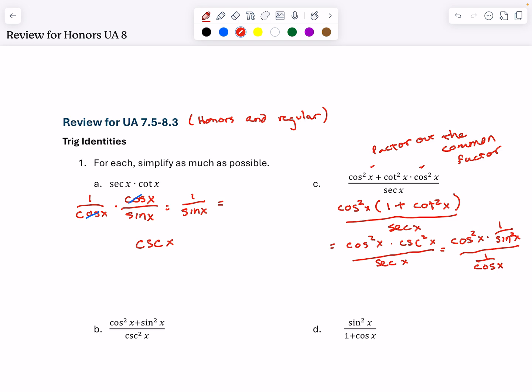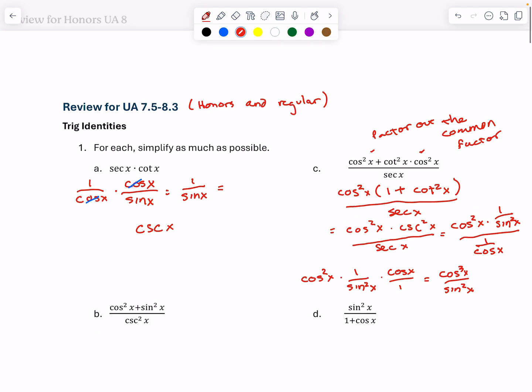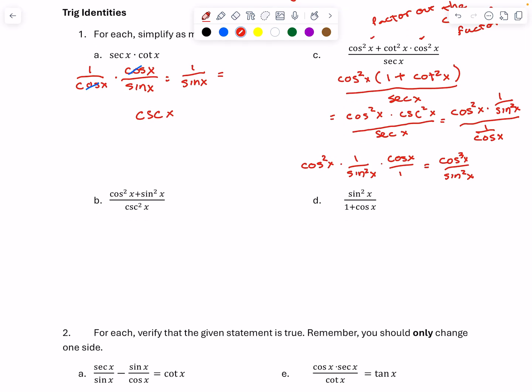I'm going to rewrite this one as cosine squared times 1 over sine squared, and then flip the 1 over cosine. And I think that may be as far as we can go. That one could have been designed better. Oh, look, in the numerator, that's 1.